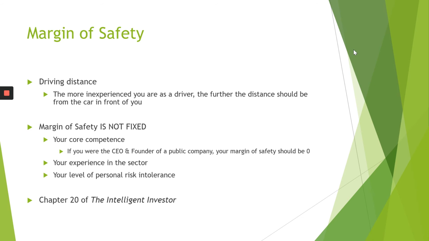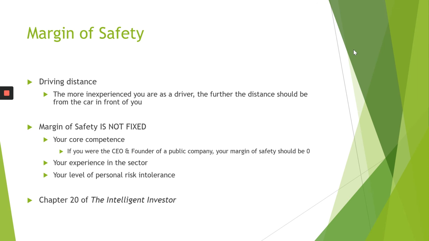But the more inexperienced you are as a driver, the further the distance should be from the car in front of you, because you have less experience doing this. Therefore, your reaction times probably aren't as good. You haven't experienced this scenario before. Therefore, you should give yourself a bigger margin of safety. The same goes if you're an older person, say you're in your 80s, and your physical reactions are not as sharp as they used to be, then you should increase the distance.